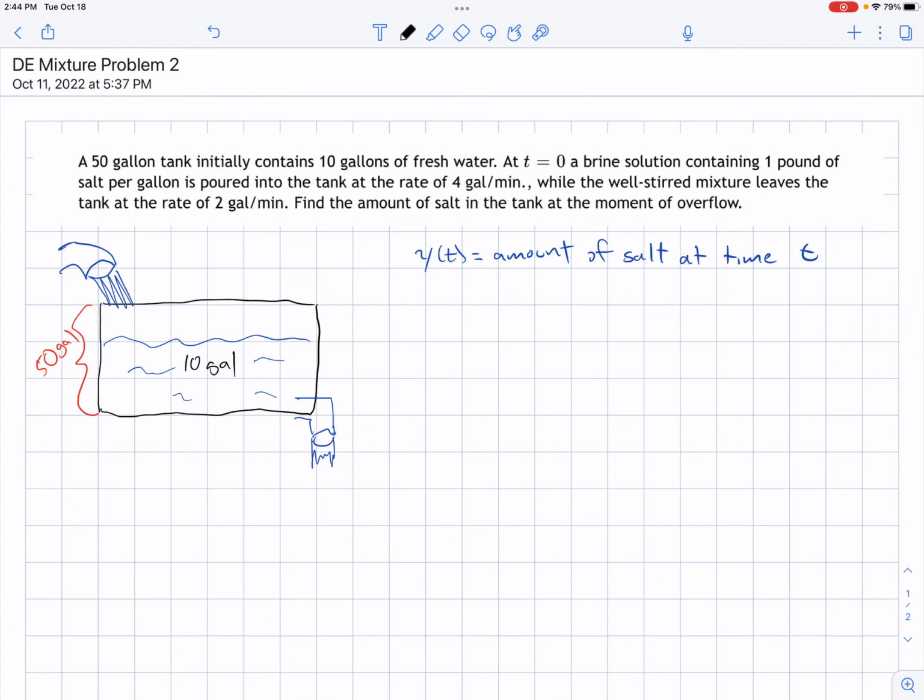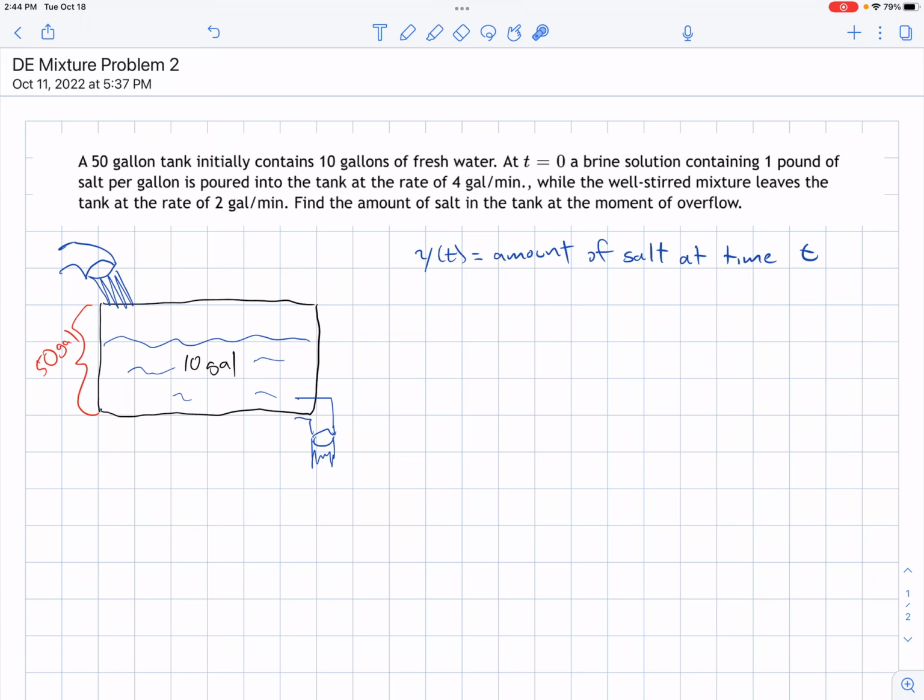Okay, so in this problem, we have a mixture problem. A 50-gallon tank. So this whole tank, 50-gallon tank, contains 10 gallons of fresh water at t equals 0.